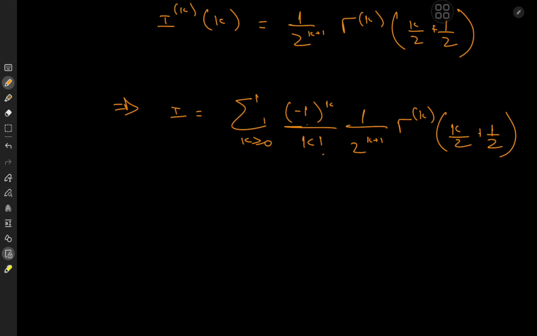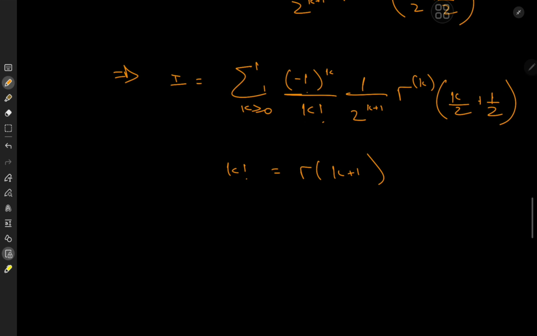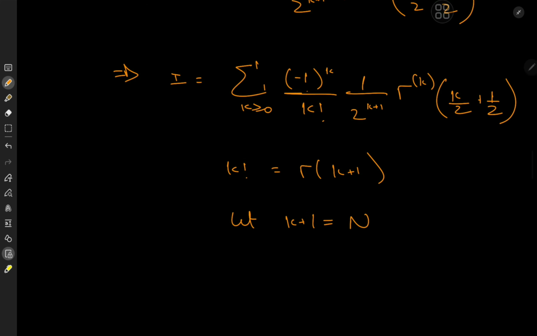Can we clean this up slightly? Well, k factorial is gamma of k plus 1. We could write this as, let's see, we could let k plus 1 equal n.